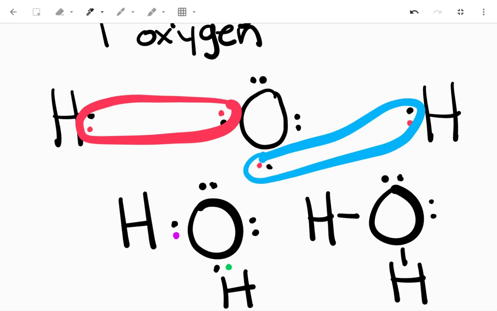It's pretty simple. So here we see that we have 2 single covalent bonds between oxygen and hydrogen. Remember that another name for a single covalent bond, which can be shortened to single bond, is a sigma bond, represented by the Greek letter sigma.